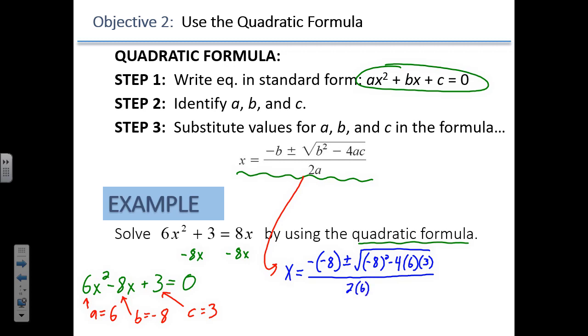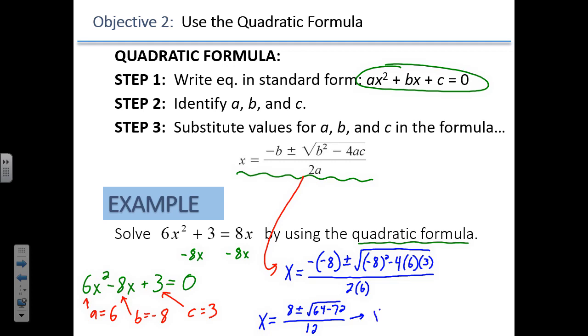Now if we simplify that, we get x equals negative negative 8, that's positive 8, plus or minus the square root of 64 minus 72 all over 2 times our a value of 6, that's going to be 12. Now, we can reduce that a little bit more.